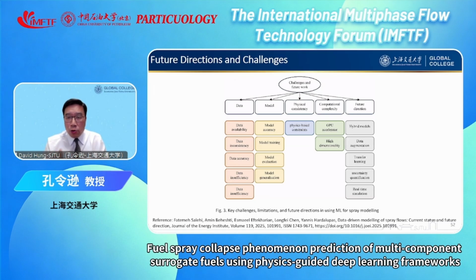But there are also challenges, because if you don't have good data, if your model is not well studied, if your physics is not consistent, or if you do not have the right amount of computational resources, or if the features that you identify are not really certain, these are the likely challenges that we might see when it comes to final prediction using machine learning code.